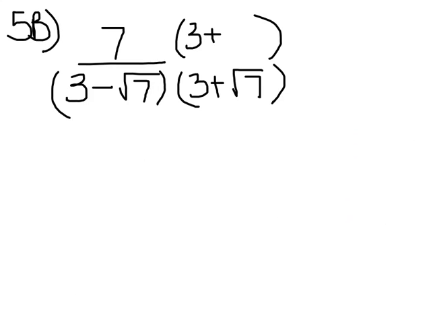Both the numerator and the denominator get multiplied by that. So in our numerator, on top of our fraction, we'll have 7 times 3, which is 21. Then we'll have 7 times radical 7, which will give us 7 radical 7.